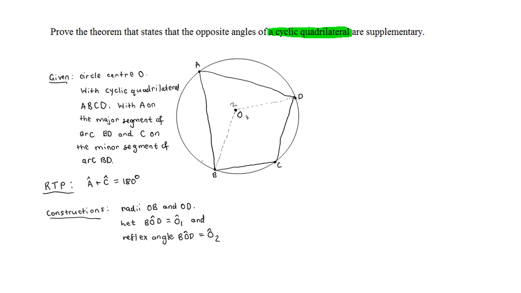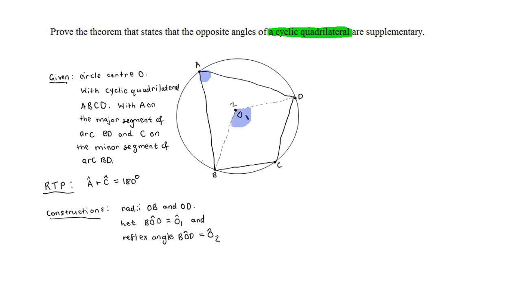Now we know from the theorem that states that the angle at the center is twice the angle at the circumference, that this angle O1 is going to be twice angle A. We can make that a little bit clearer with lines.